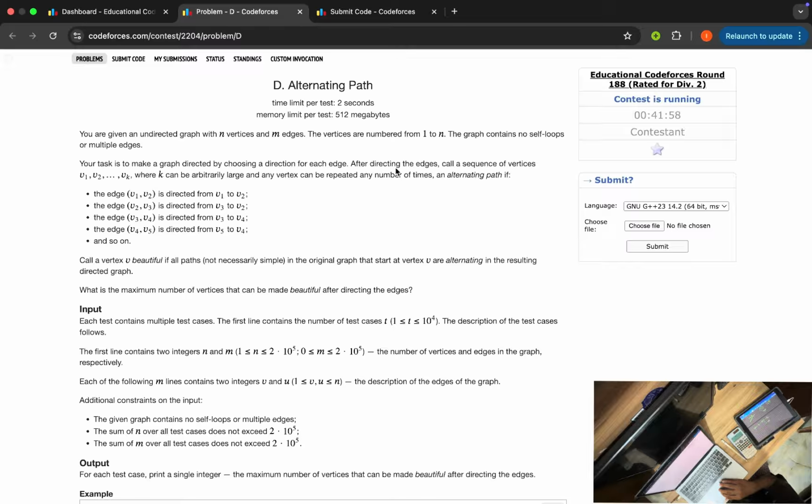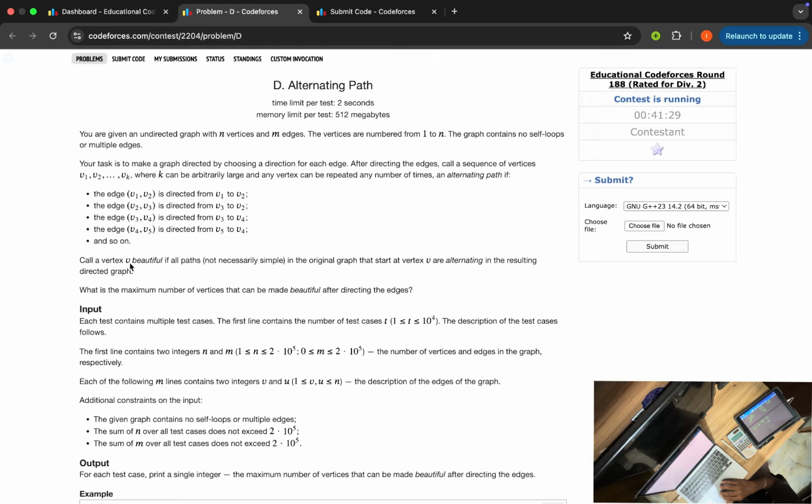After directing the edges, call a sequence of vertices v1, v2, vk, where k can be arbitrarily large and any vertex can be repeated any number of times, an alternating path if the edge v1, v2 is directed from v1 to v2, and so on.